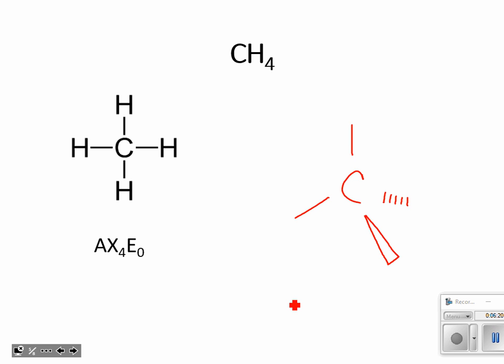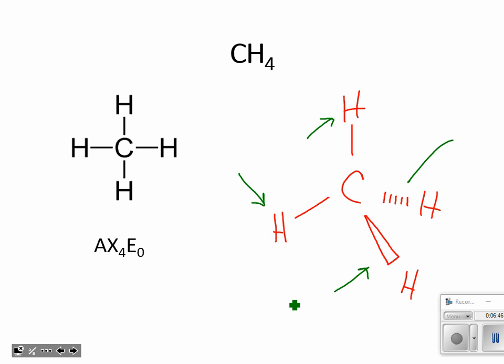The X's are all H. So I can see that these two bonds are on the plane of the paper. This bond with the hydrogen is projecting out towards me.